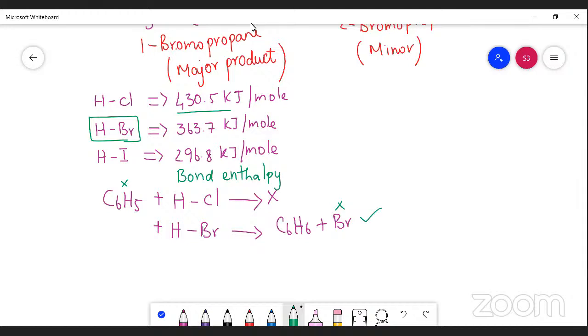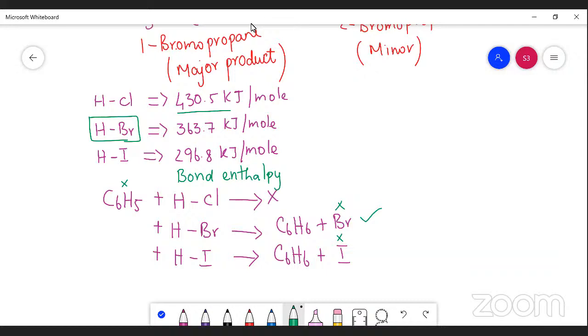When the phenyl free radical is reacted with HI, we also get C6H6 and an iodine free radical.